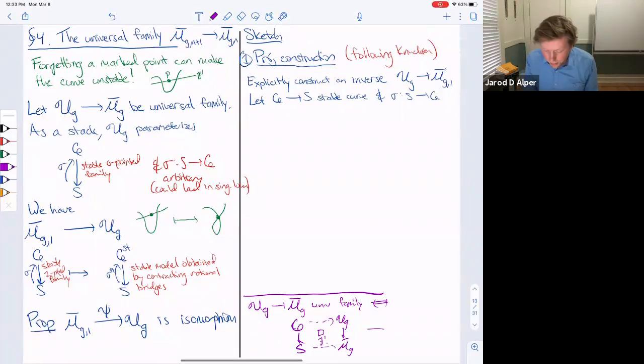And this comes tautologically from the 2-Yoneda lemma.